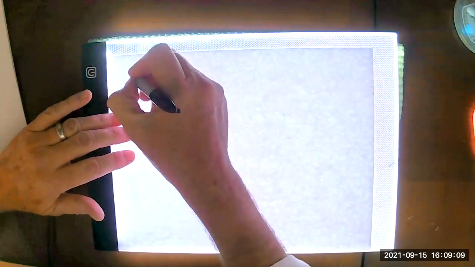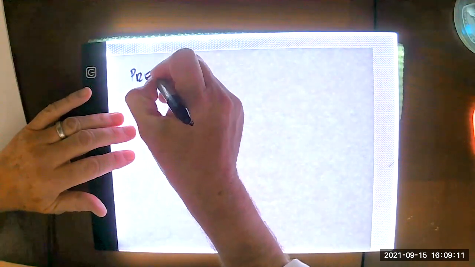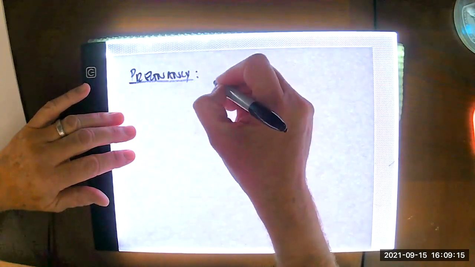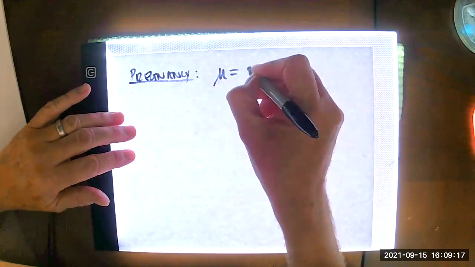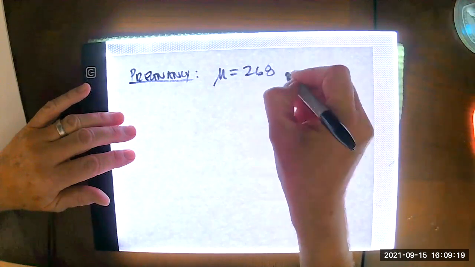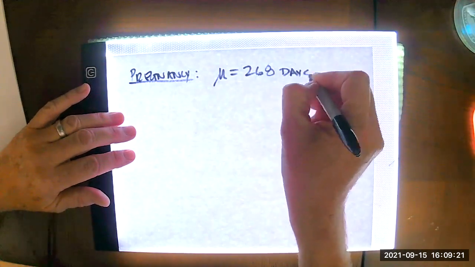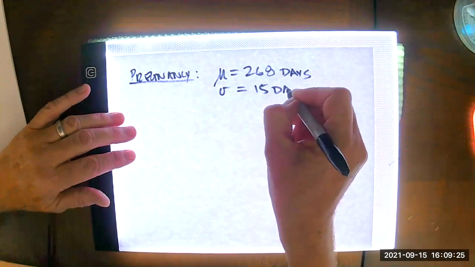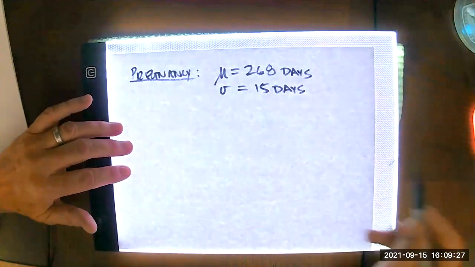If I take a look at pregnancy, the mean pregnancy length is about 268 days. The standard deviation is 15 days.